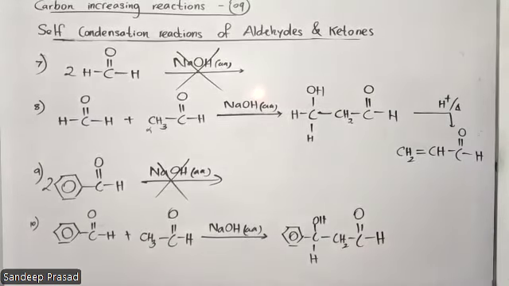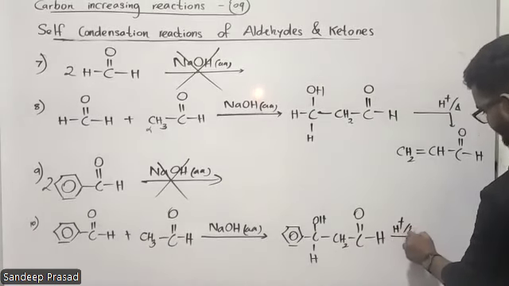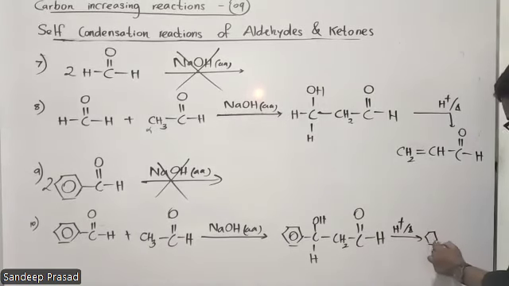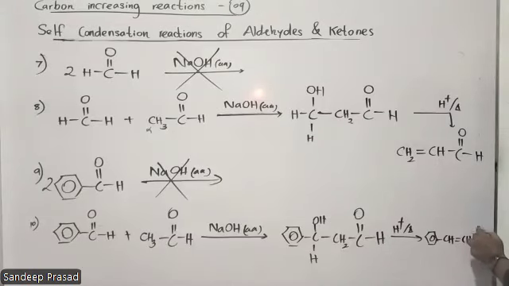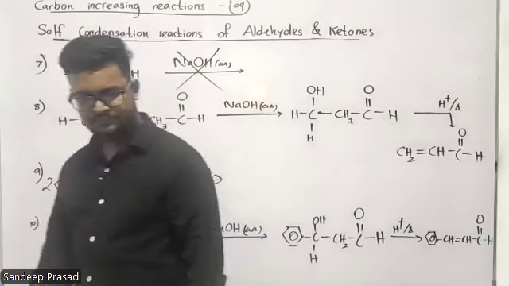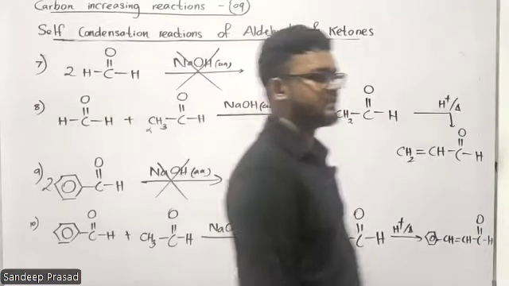So when we add H plus and heat, what will happen? OH is eliminating with the nearest carbon atom's hydrogen and producing an alpha beta unsaturated aldehyde. Right? So you have to understand this.